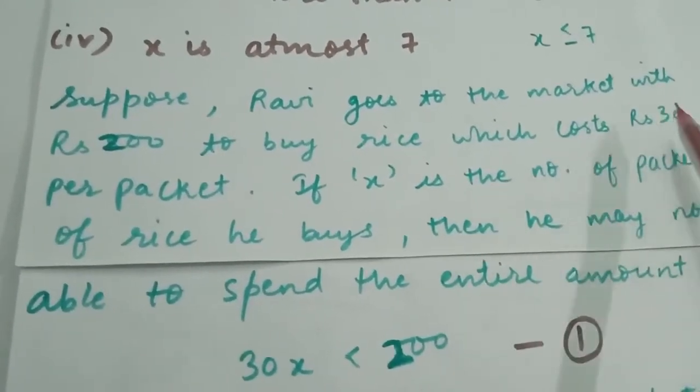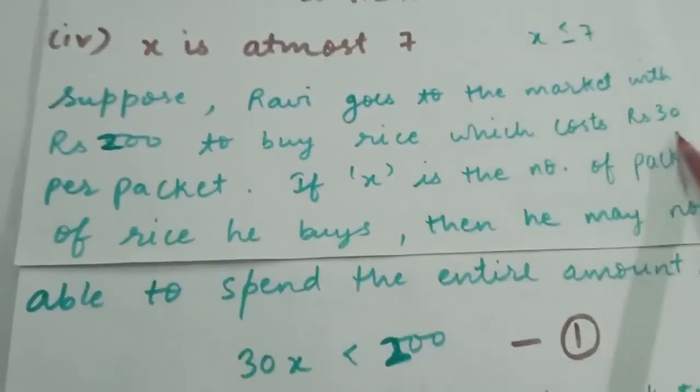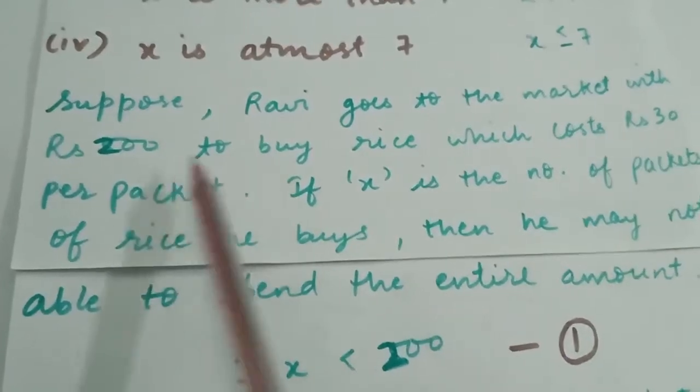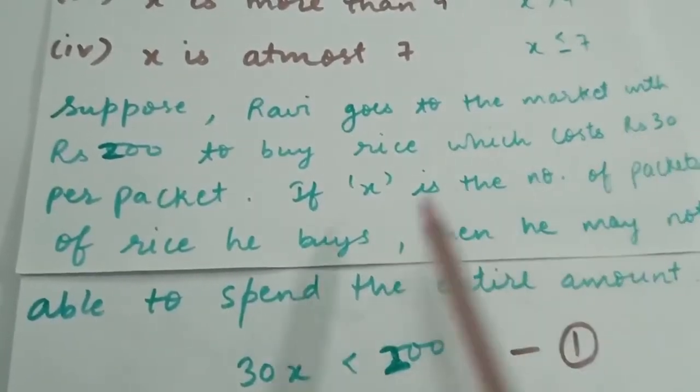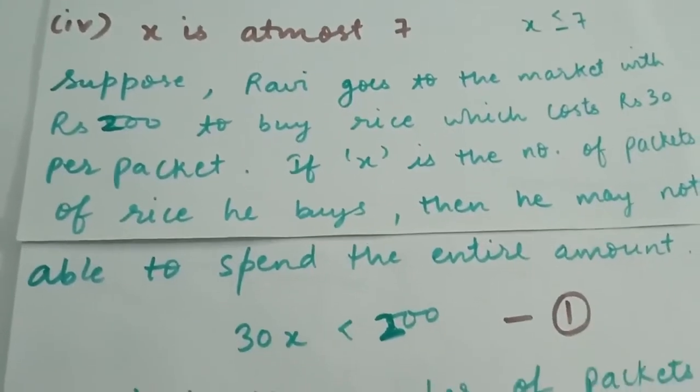Why? Because he has 200 rupees and each packet costs 30 rupees. As you can see, 200 is not a multiple of 30, so he will not be able to spend the entire amount.